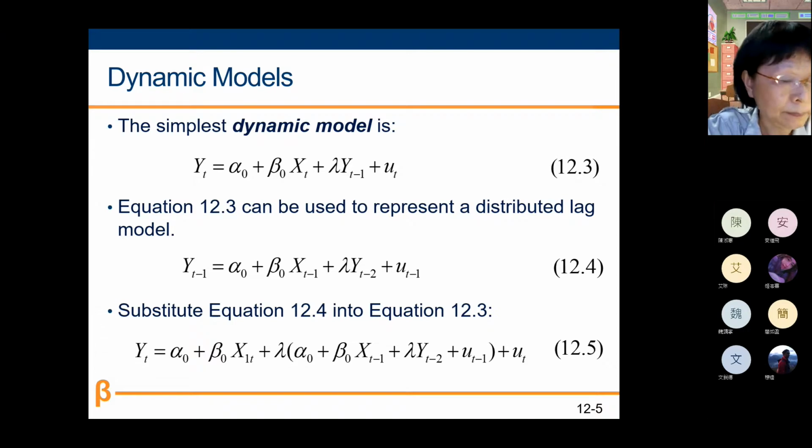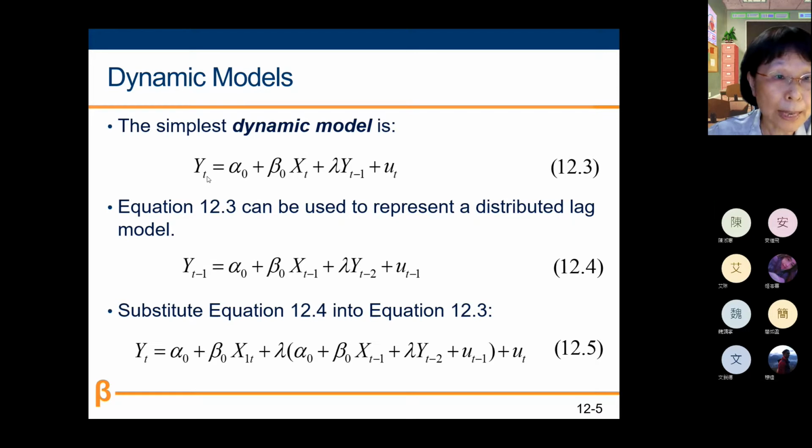First, look at 12.4. The 12.4 is using one lag of 12.3.